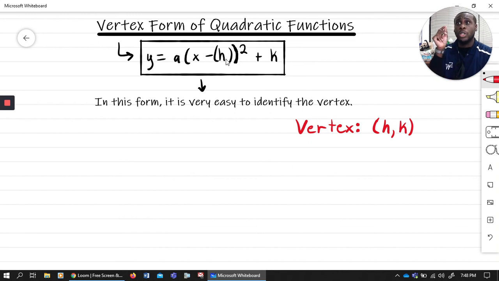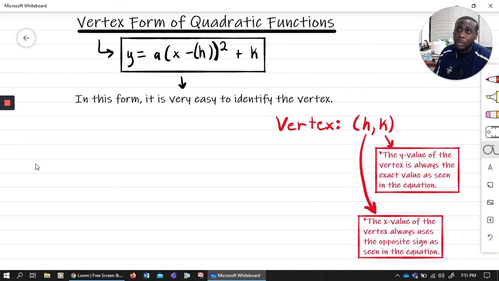But the h value, the x value of the vertex, you're going to have to use the opposite sign of what you see in the equation.